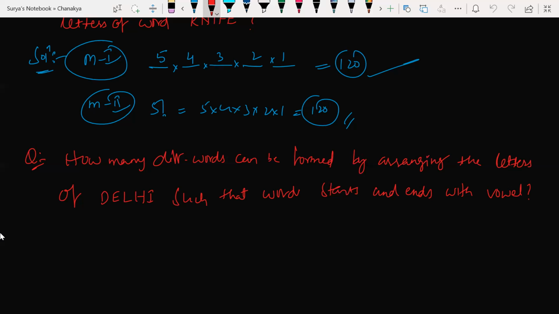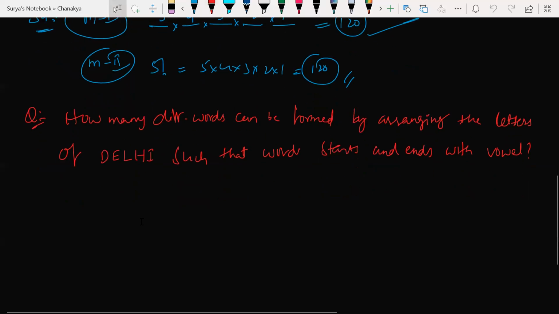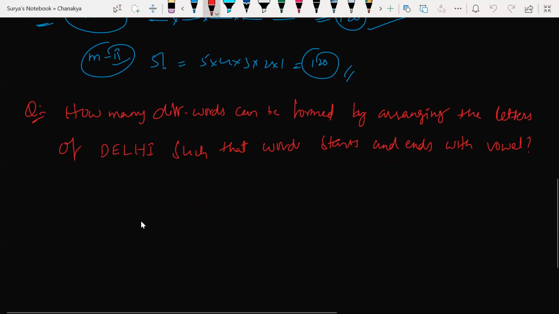Tell me, how many different words can be formed by arranging the letters called Delhi such that words start and end with a vowel? Quick, quick, quick.